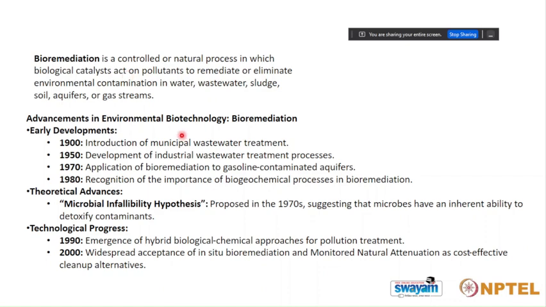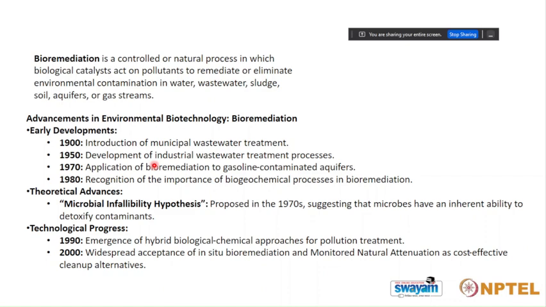And let us see how the bioremediation field has been developed so far. Officially we can say bioremediation started from 1900, in which microbes were used in municipal wastewater treatment. Then gradually by 1950, microbes started to be employed in the industrial wastewater treatment process.